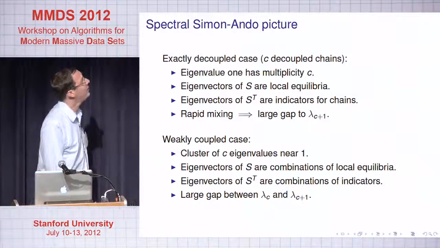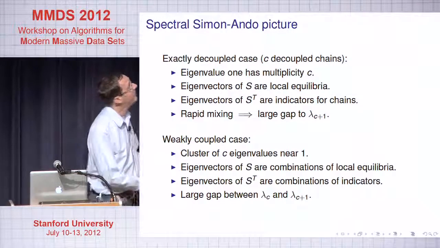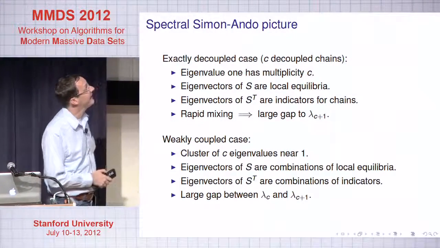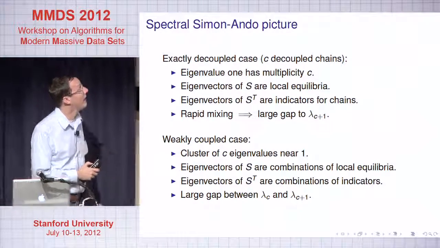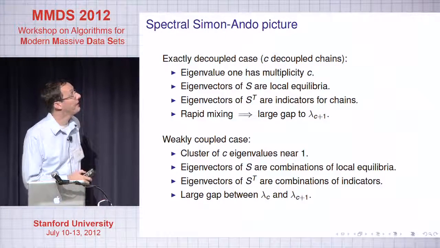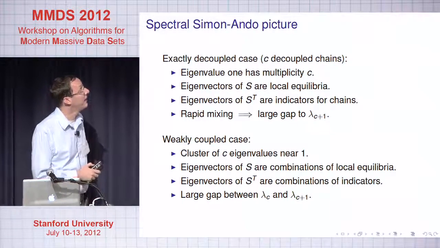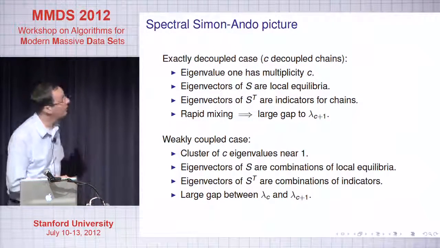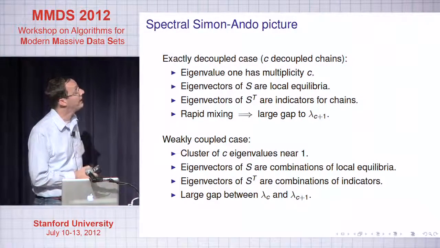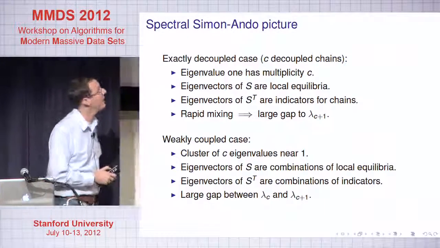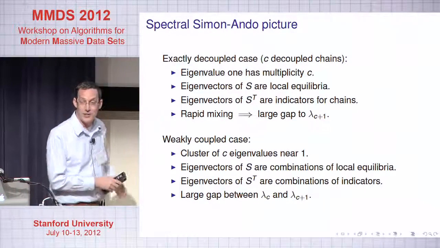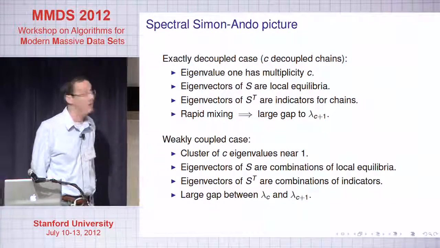Okay, so in terms of eigenvalues and eigenvectors, if I've got a bunch of exactly decoupled Markov chains, then I've got an eigenvalue of 1 with multiplicity c, where c is the number of chains. There's a large spectral gap, assuming that I've got rapid mixing. The eigenvectors of S tell me what the local equilibria in each chain are, and the eigenvectors of S transpose give me indicators for which nodes are in the chains.